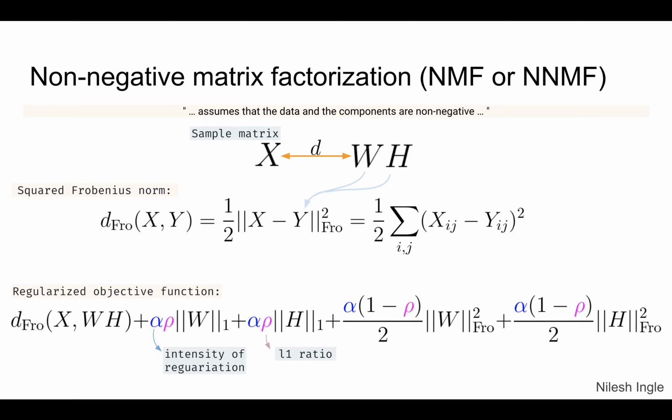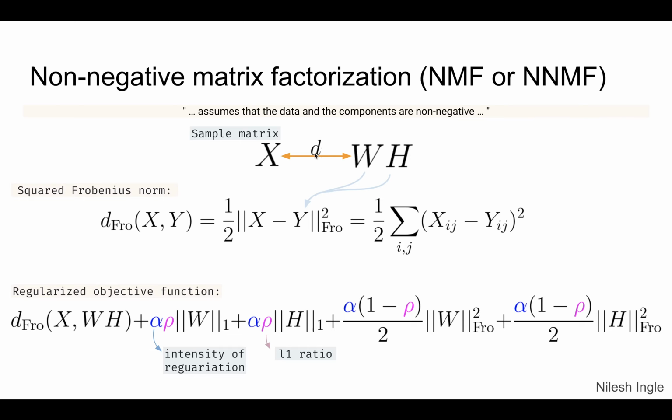Next is non-negative matrix factorization. In this case, the method assumes that the data and the components are non-negative, so they're all positive. And the idea is to find the distance between the data x and the product of w and h.